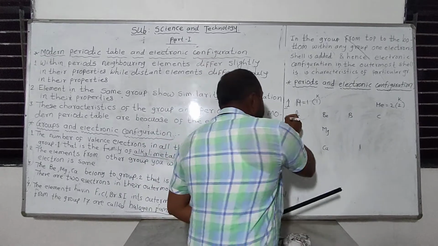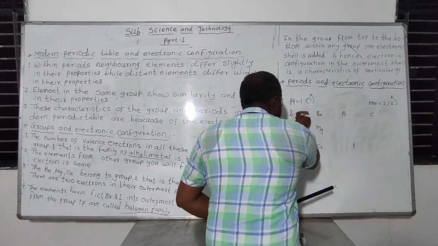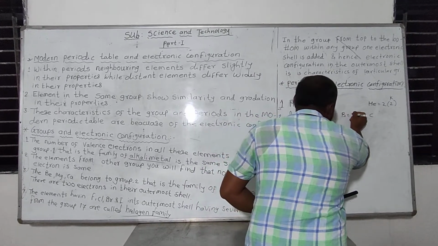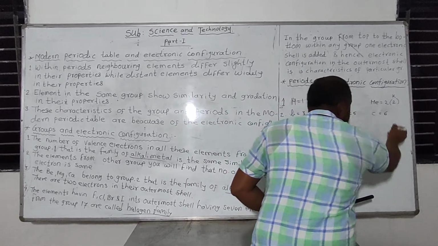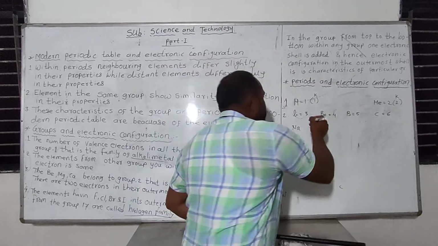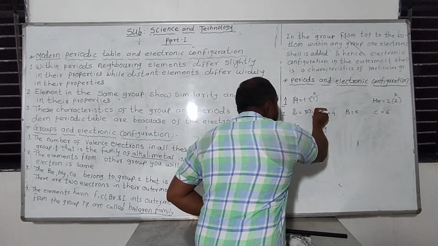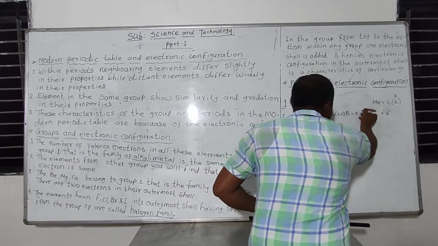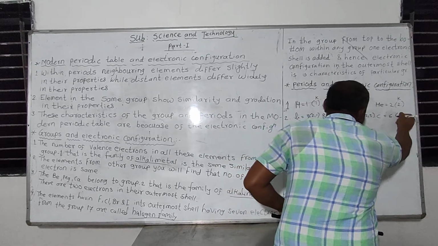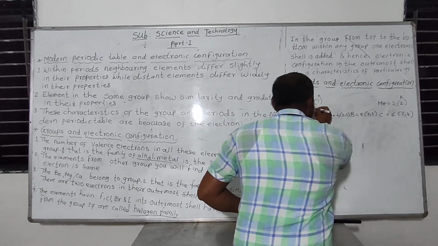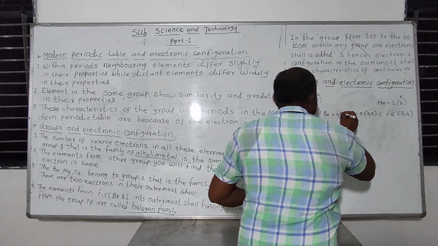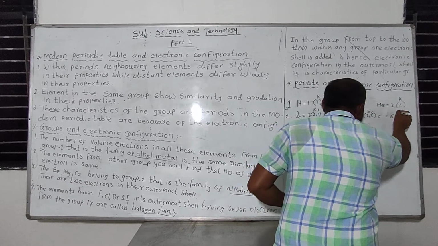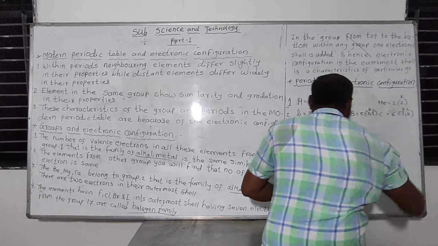Then the second period: lithium has atomic number 3, beryllium atomic number 4, boron atomic number 5, carbon atomic number 6. Their electronic configurations are: lithium 2, 1; beryllium 2, 2; boron 2, 3; carbon 2, 4. Lithium requires 2 cells, beryllium also 2, boron also 2, and carbon also 2 cells. So for second period elements, how many cells are required?